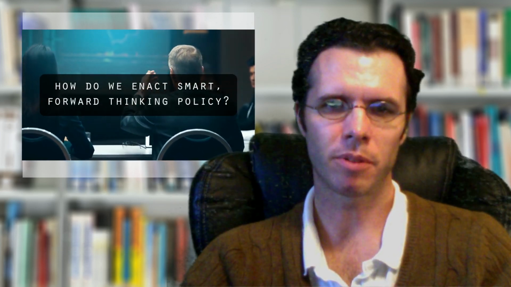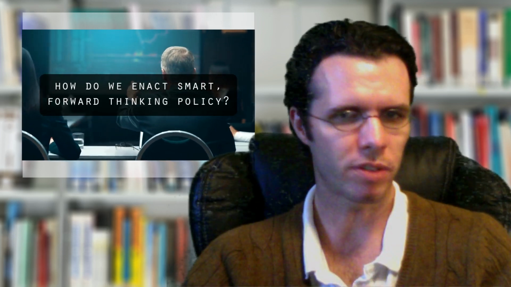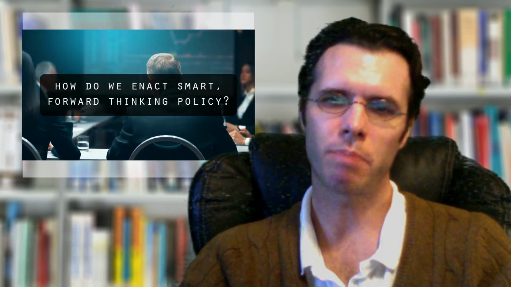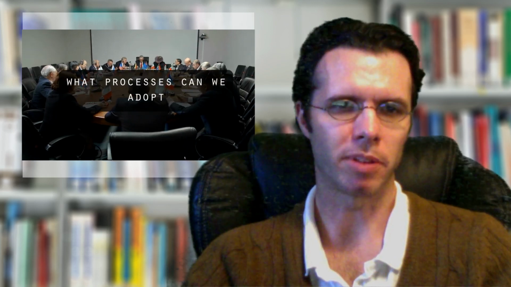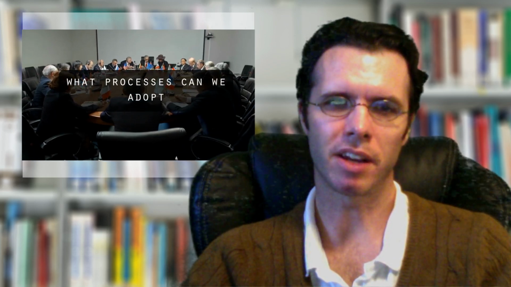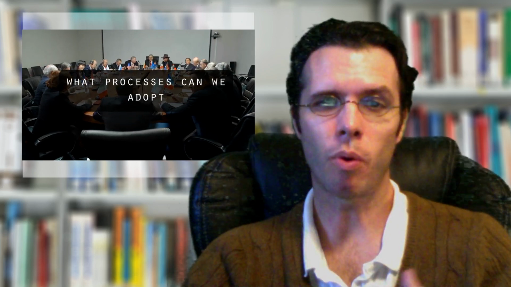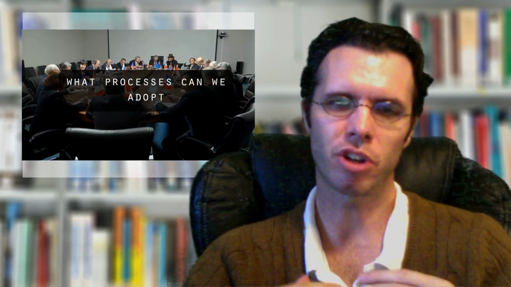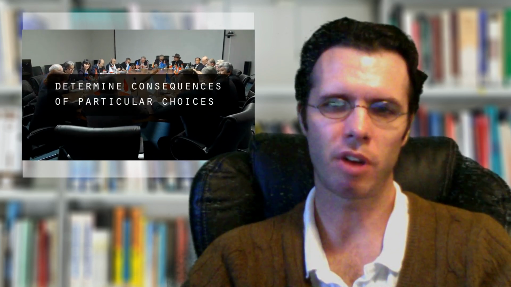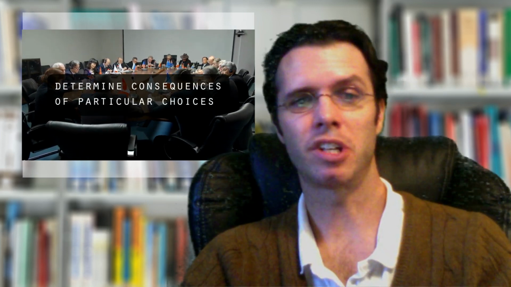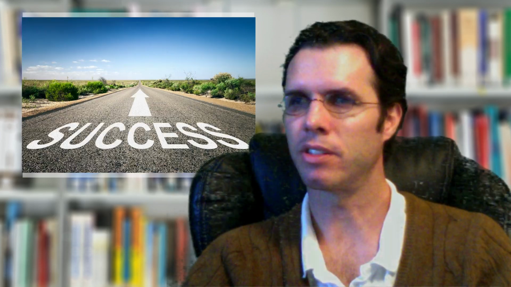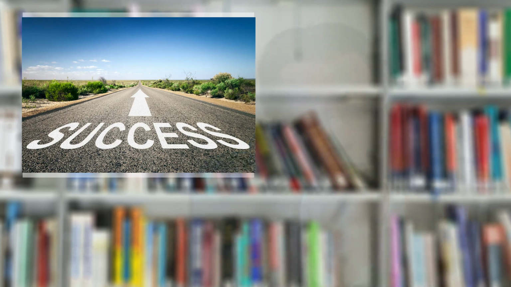And that is going to be the point of our discussion most of today and throughout the year. What processes can we use to make sure that our policy choices are properly vetted and best suited to meeting our goals? Indeed, the overall point of policy analysis is to determine what consequences will result from a particular set of actions, and thereby to determine which particular set of actions is most likely to reach the desired consequences of the party making the choice.